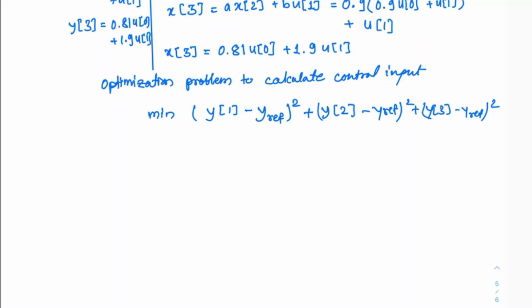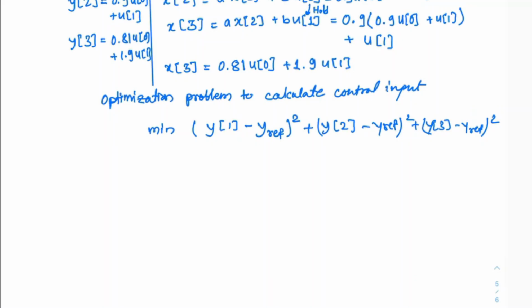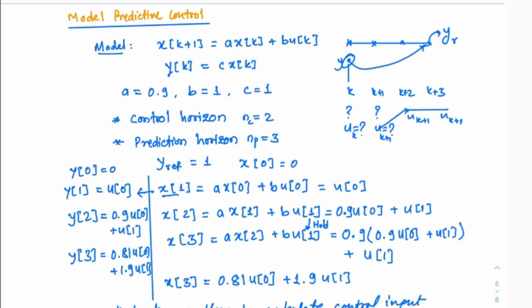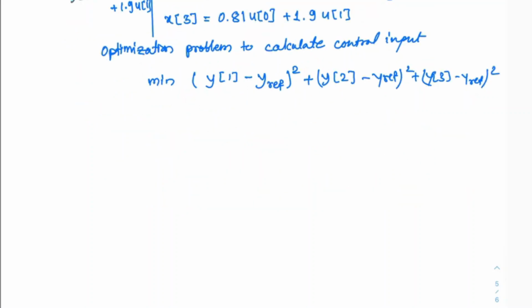If I minimize these things, I am trying to take my y closer to yref. To do that I will change the values of u0 and u1.